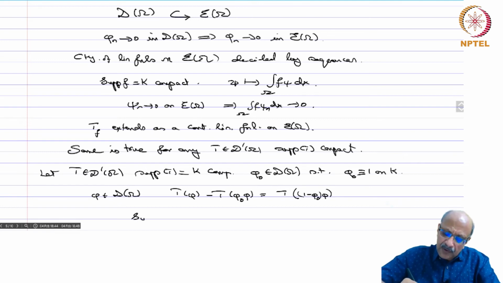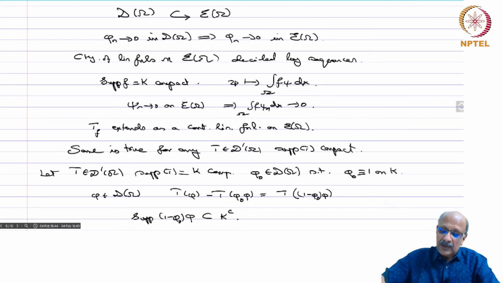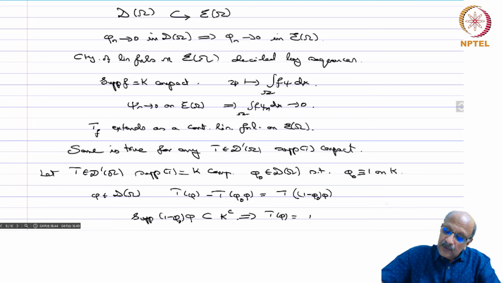But where does the support of (1 minus phi 0) phi lie? It has to lie in K complement, because on K, phi 0 is identically 1, and therefore (1 minus phi 0) phi is 0. Therefore if at all it is not 0, it has to be contained in K complement, and therefore T of phi equals T of phi 0 phi.